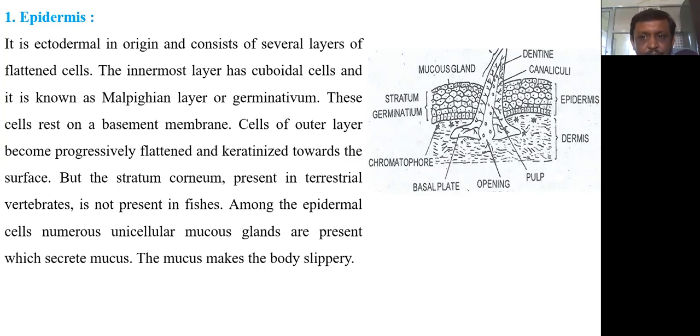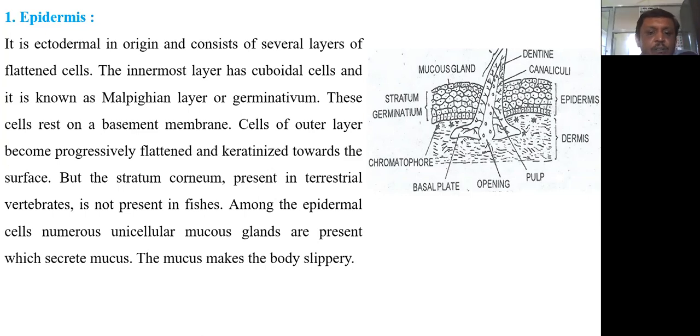In between these epithelial cells, numerous small unicellular gland cells are present which secrete mucus, and this mucus makes the body slippery. Whenever we try to catch a fish, it slips from our hand due to the mucus present over the skin.